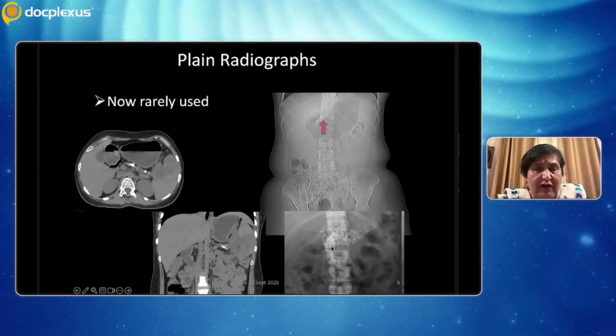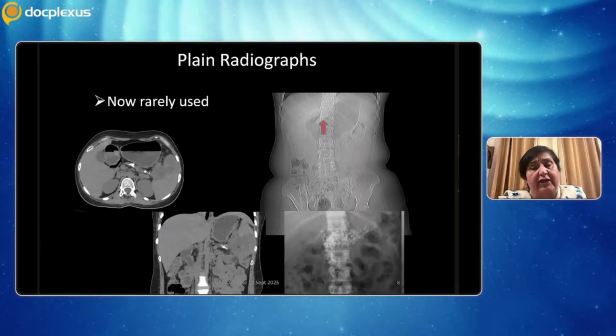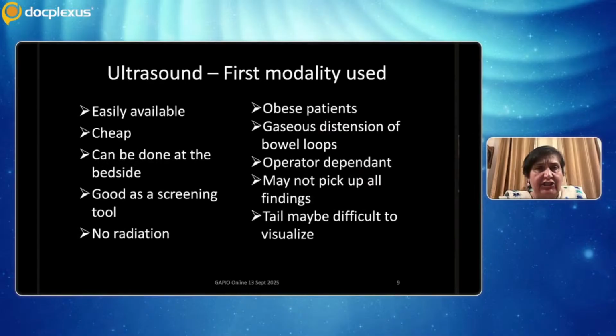And here, of course, you have a case where you're seeing extensive pancreatic calcification, with the classical feathery pattern of the pancreas. Earlier, there used to be multiple signs for diagnosing acute pancreatitis, like the sentinel loop sign and the colon cutoff sign, but these are now almost historical, and we rarely get to do radiographs and see these conditions.